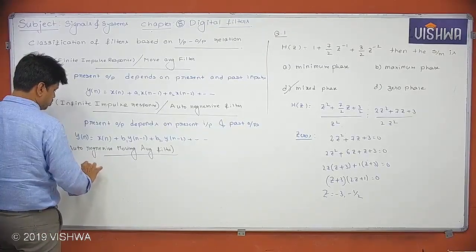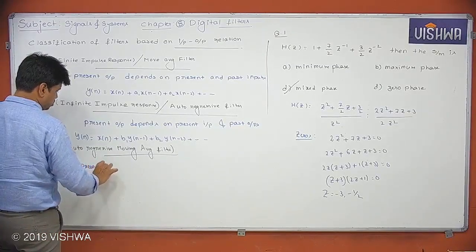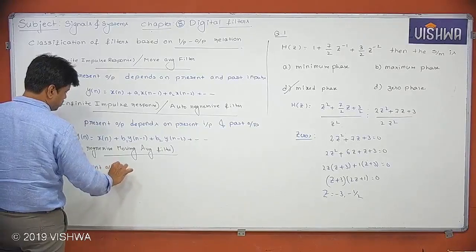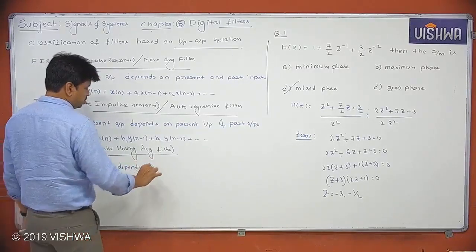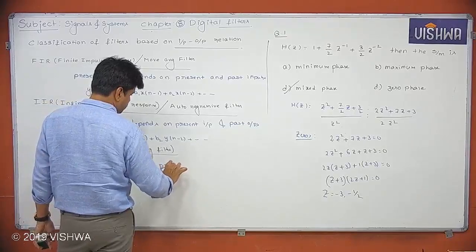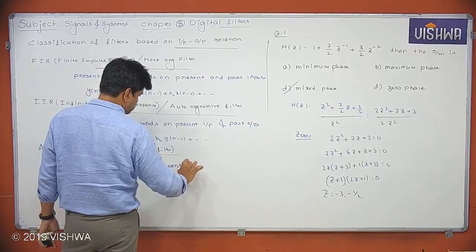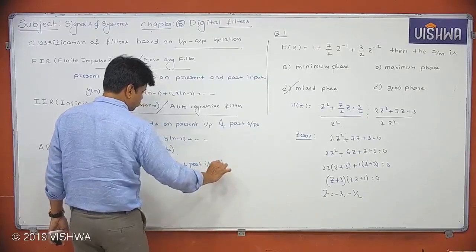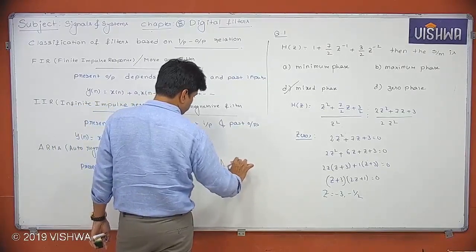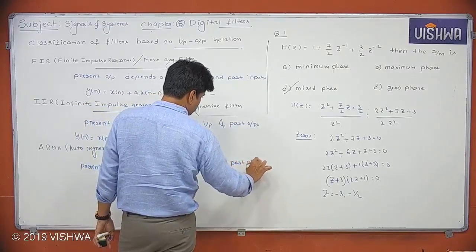The present output depends on present and past inputs and past outputs.